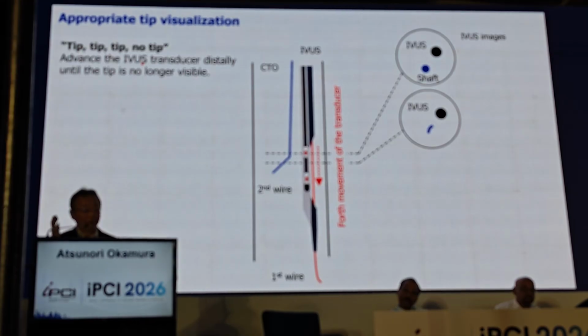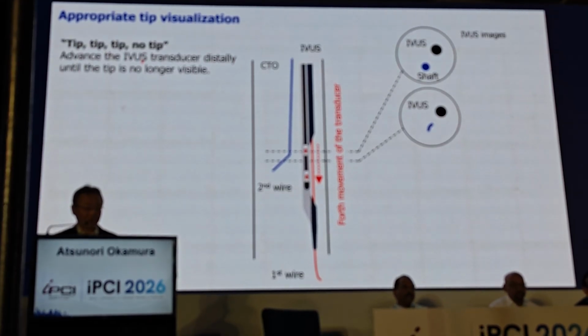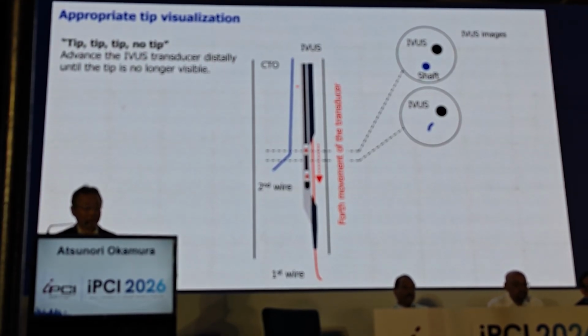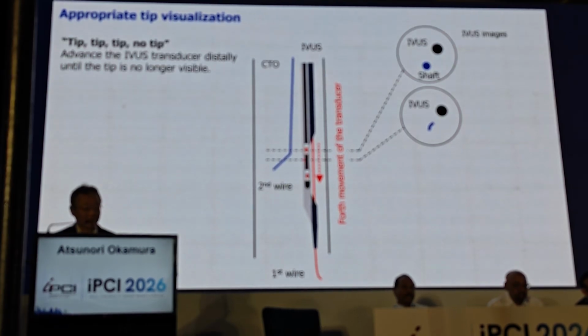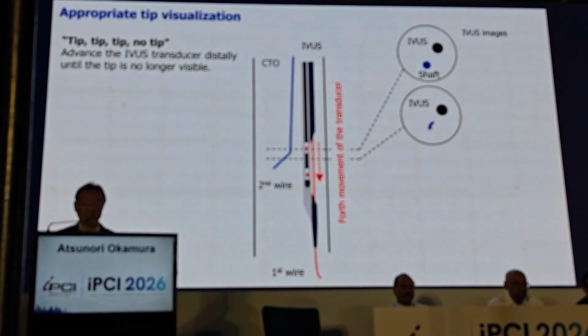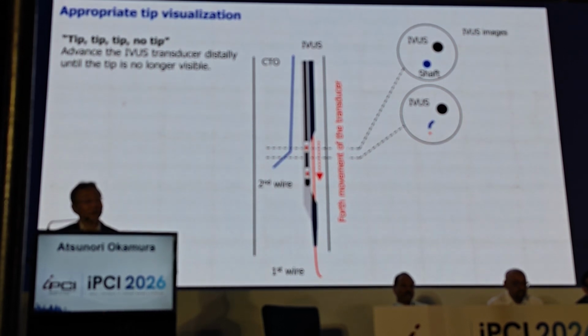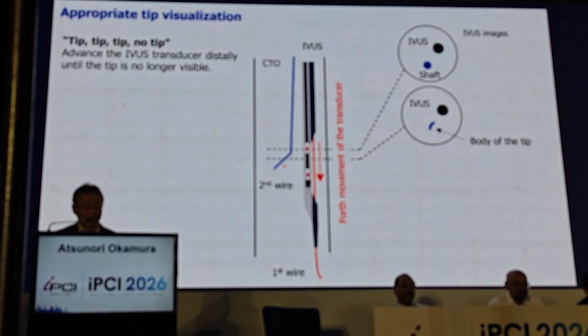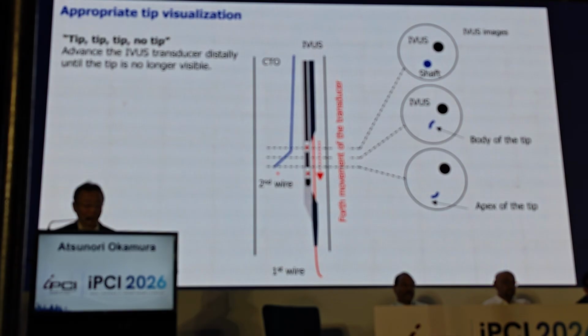So, and also the appropriate tip visualization is very important. If you see the guide wire tip like this, you will advance the transducer in the distal part. This is shaft. This is tip. Tip is going to maybe the 6 o'clock. But it is not true, because if we advance the transducer a little bit more, the guide wire tip is sometimes bent like this.